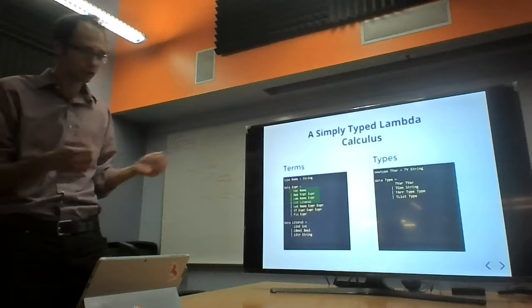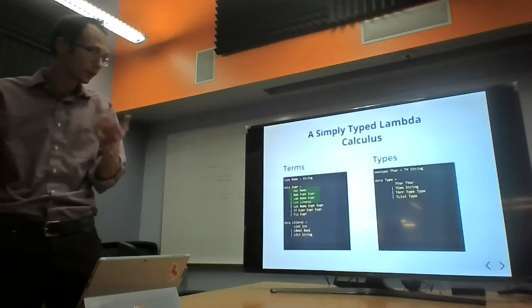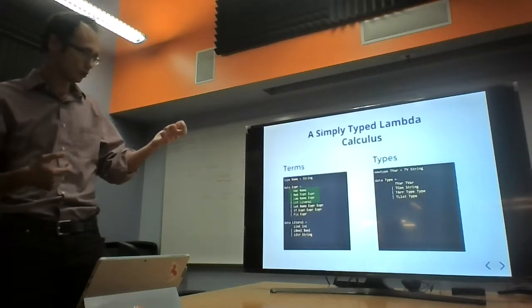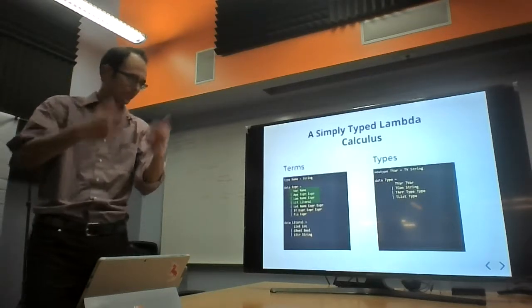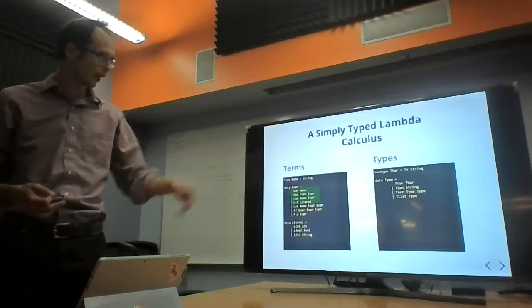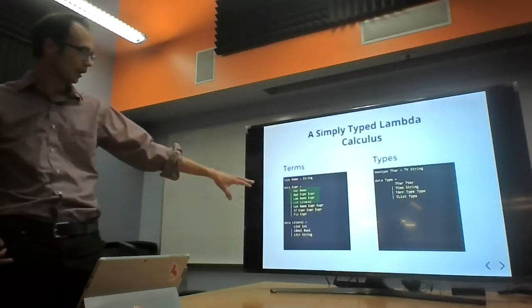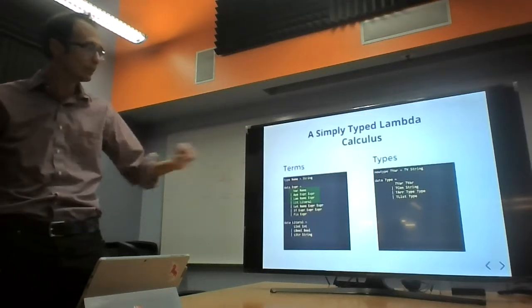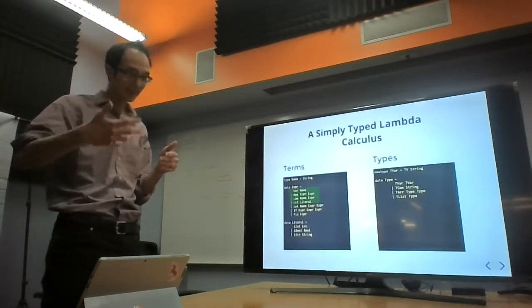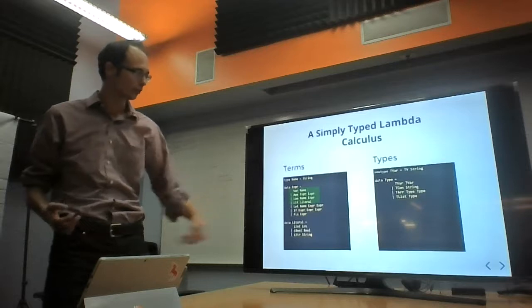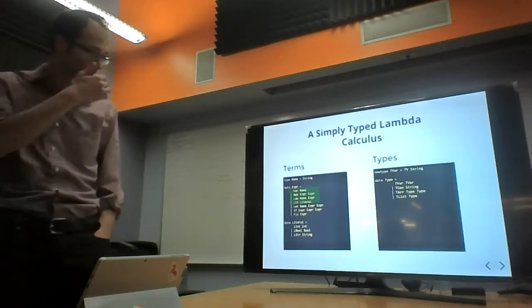Our expression can either just be a variable, which just has some name. It can be an application, which just means I'm going to take some expression and apply some other expression to it. It can be a lambda, where I have some named variable that goes into an expression. I have a literal, which can just be, in a simple example, an int, a bool, a string.